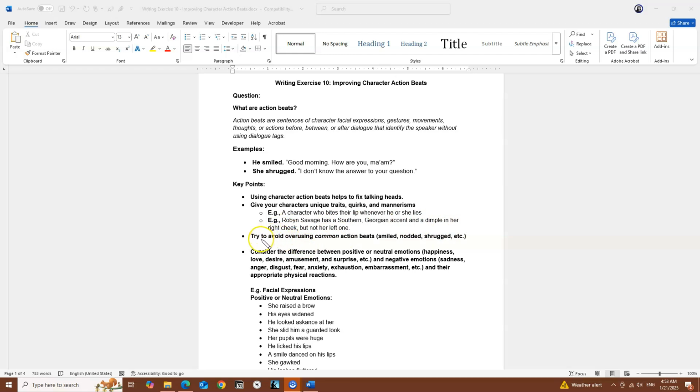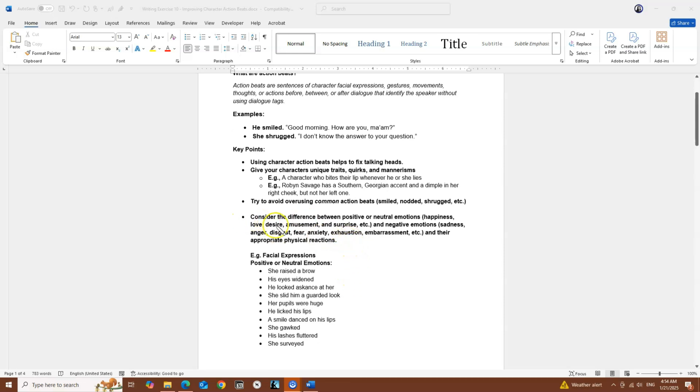Another key point is to try to avoid overusing common action beats such as smiled, nodded, and shrugged, which can be quite common among many writers. I know I've had this issue myself, but it really can be helpful to bring in a mix of character action beats so you don't reuse the same ones over and over.